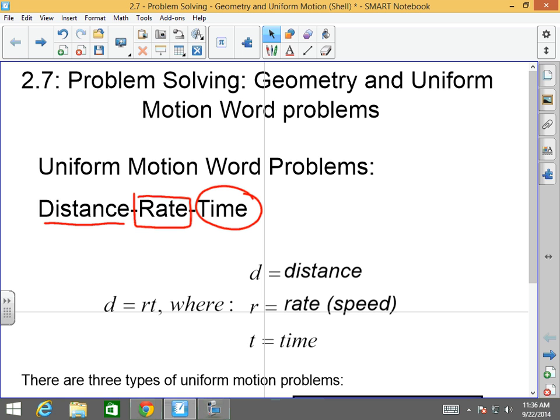And the formula for distance is D equals RT, where D is distance, whether it be in feet or miles or yards or meters or centimeters. The rate is speed, whether it be in miles per hour, feet per second, or meters per hour, kilometers per hour. And T is time, whether that be in hours or minutes or days or weeks. So D, distance, equals R, which is rate, times T, which is time.